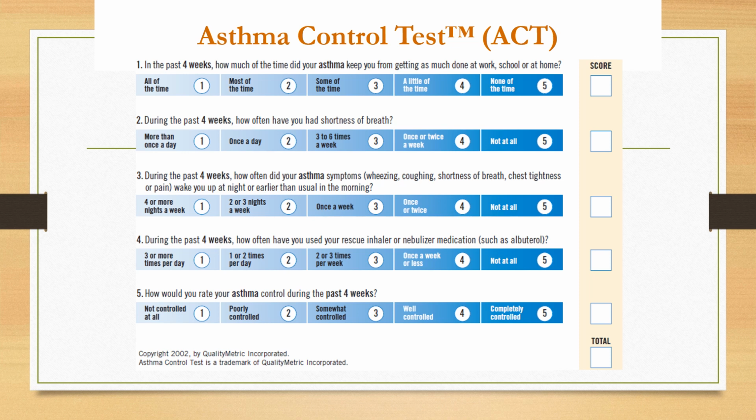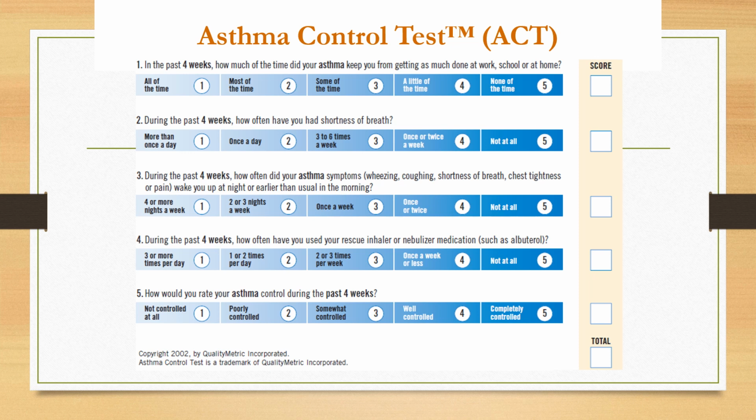So the point of this test is that if your score is 19 or greater, that means you are having your asthma under great control. If you get less than 19, this is going to go into our next few slides. So suppose your asthma control is not good. You are having wheezing during the week.